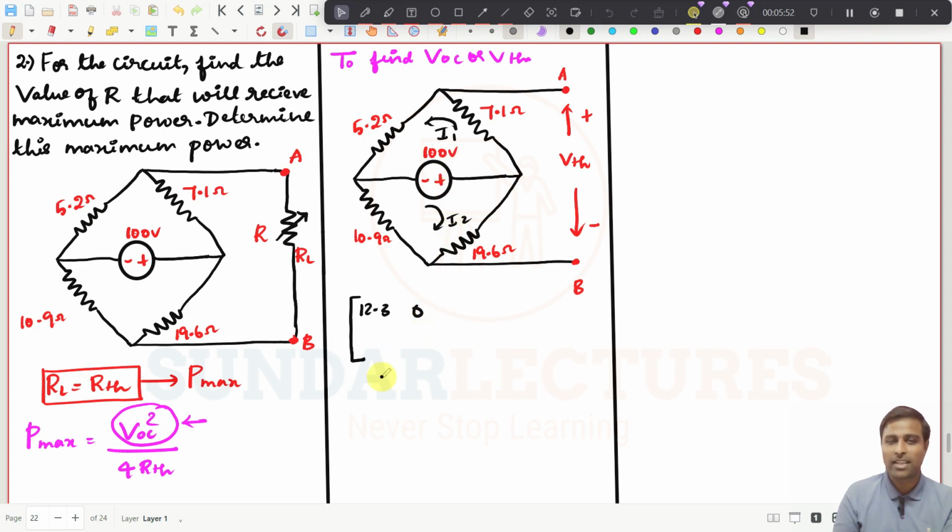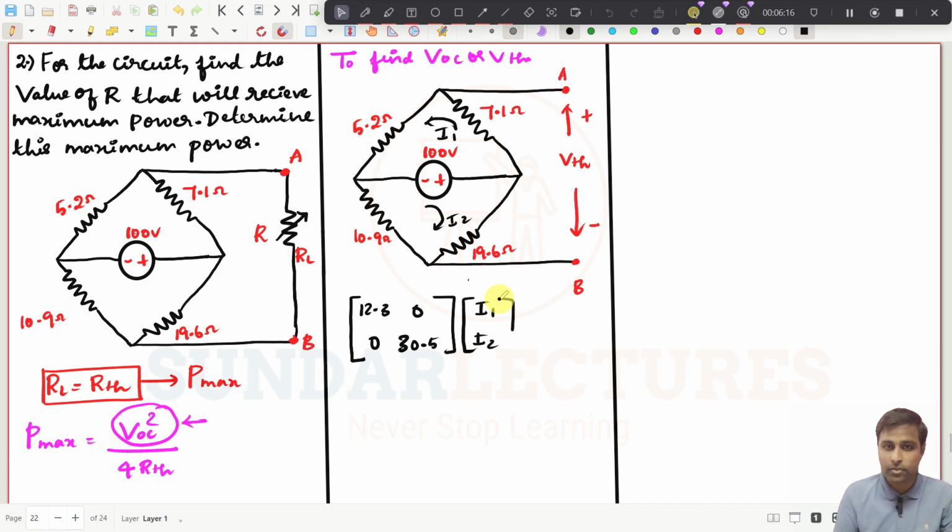Between these two points there is no resistance connected, so it will be 0 and again it will be 0. And if you go for R22, what is the total resistance? It will be 30.5, right? So these two resistances are connected and we know that this is I1 and I2.